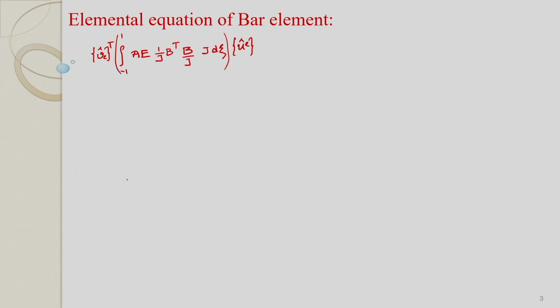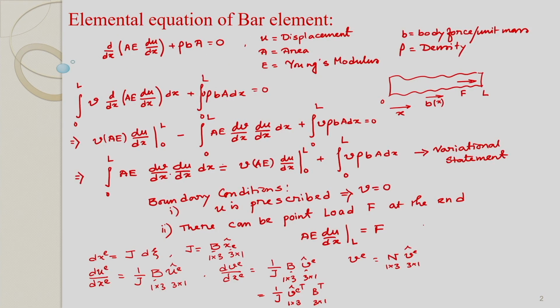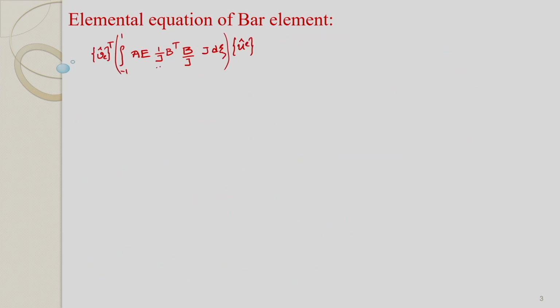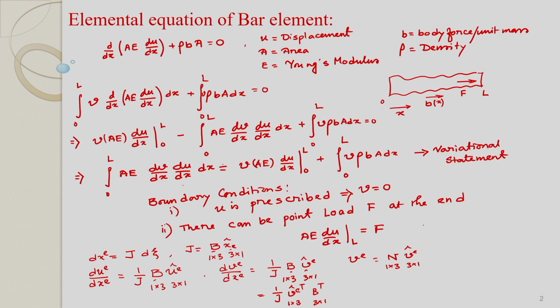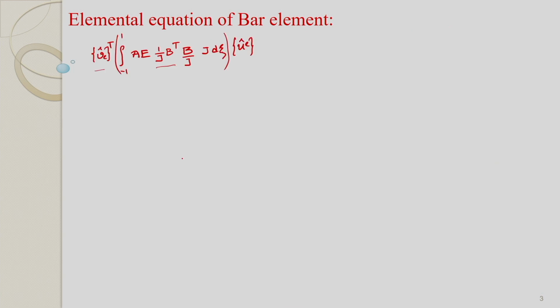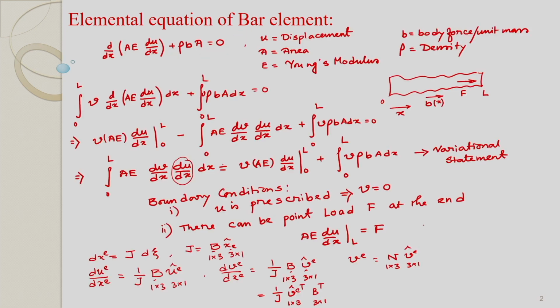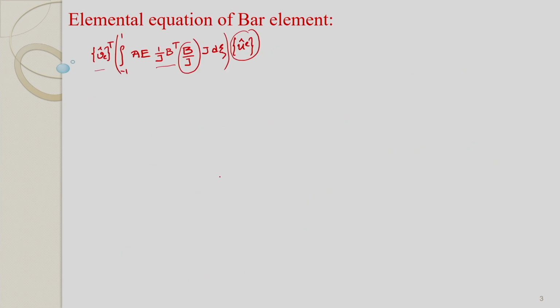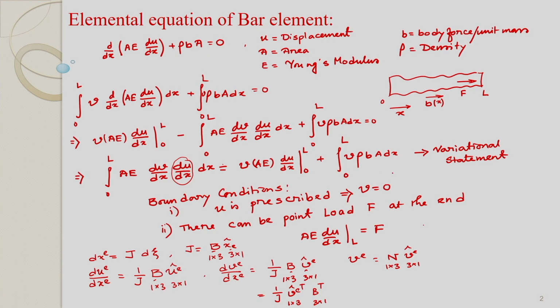So, AE, then dV dx is 1 by J B transpose, and here V hat transpose, then this du dx we are writing 1 by J B u e hat, and dx equal to J d xi. In the RHS, let me first write this second term.